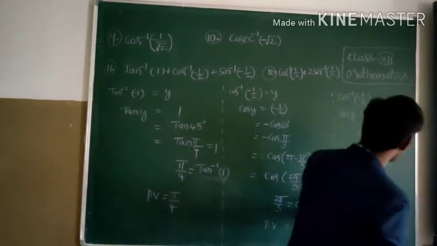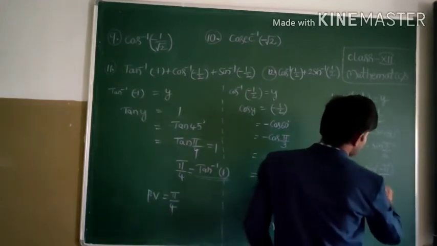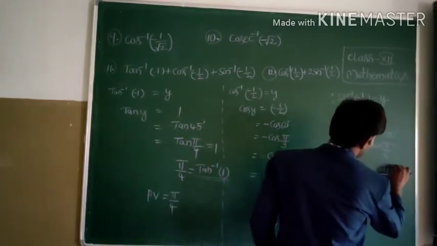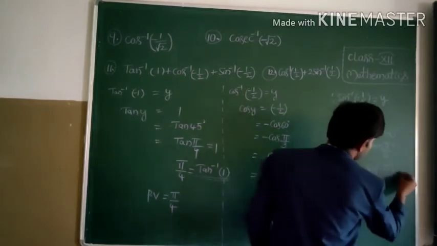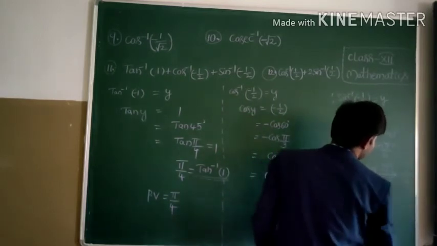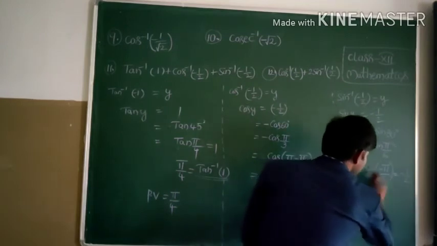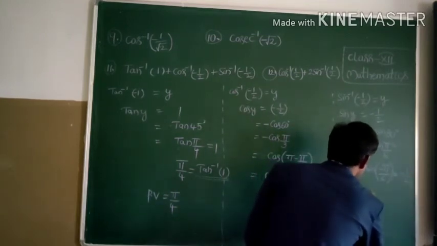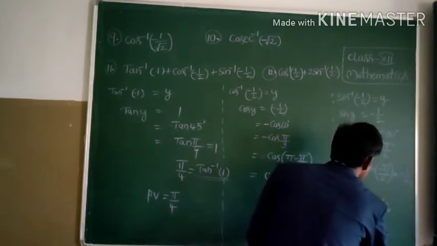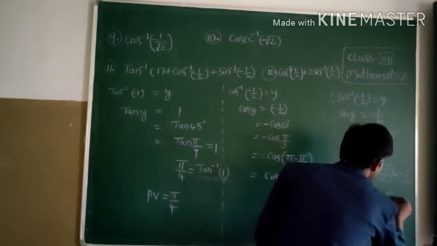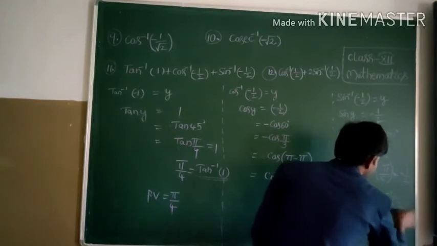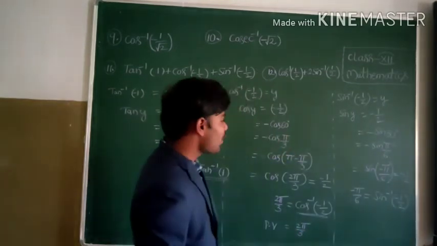So this is equal to what? Sine inverse sine of minus 5 by 6. This is equal to minus 1 by 2, right? So this value, minus 5 by 6, is equal to sine inverse of minus 1 by 2.